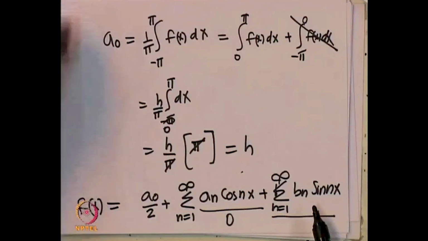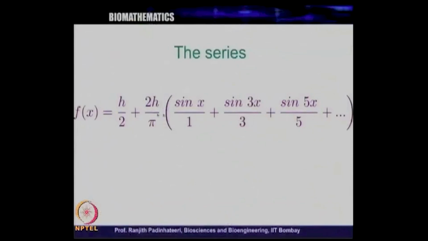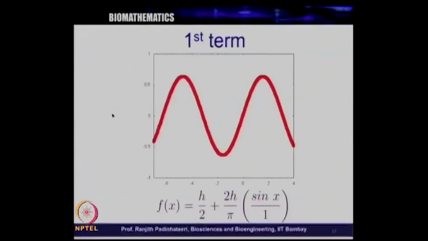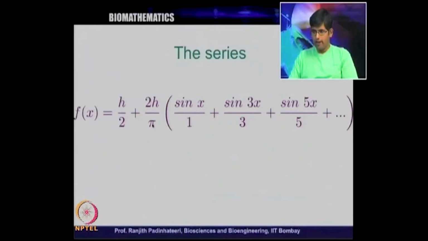So essentially, if you do this carefully, you end up with this particular formula. The series for a square wave is that f of x is equal to h by 2, which is a 0 by 2, plus 2h by pi times sin 1x by 1 plus sin 3x by 3 plus sin 5x by 5 plus dot dot dot, and so on and so forth.